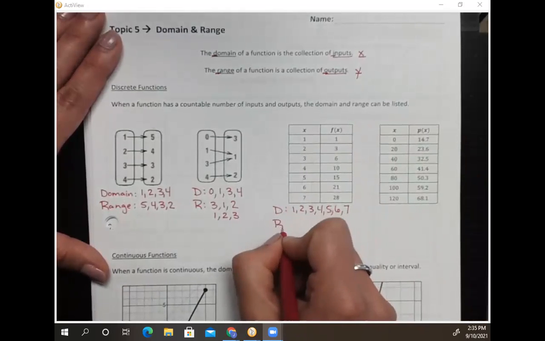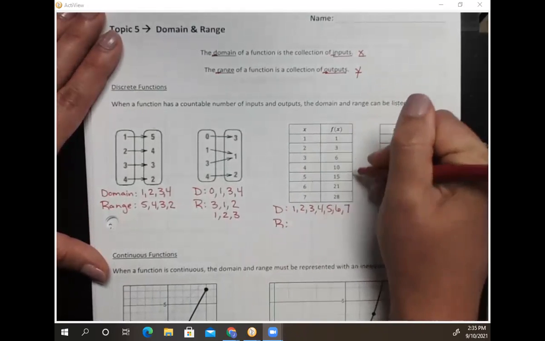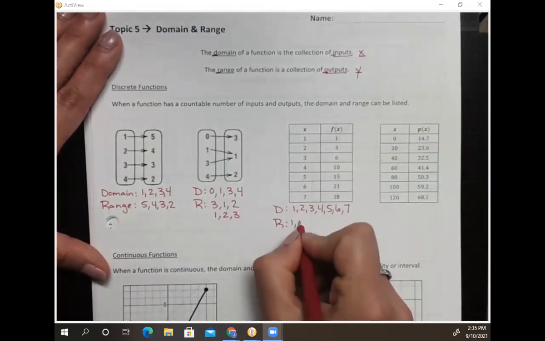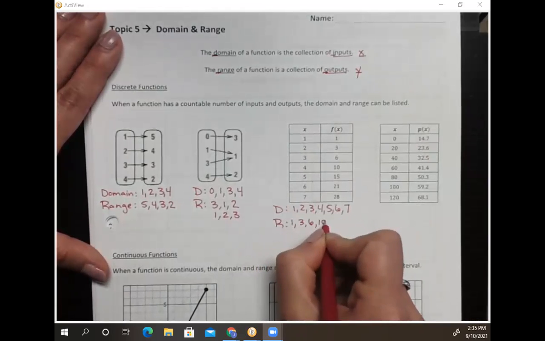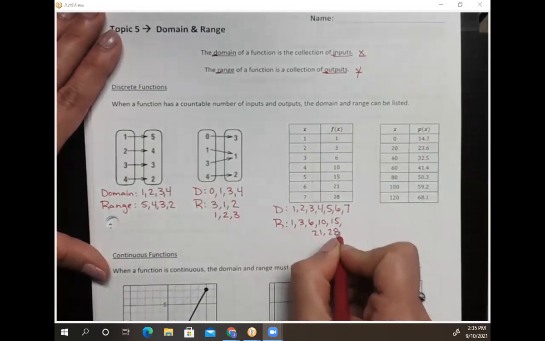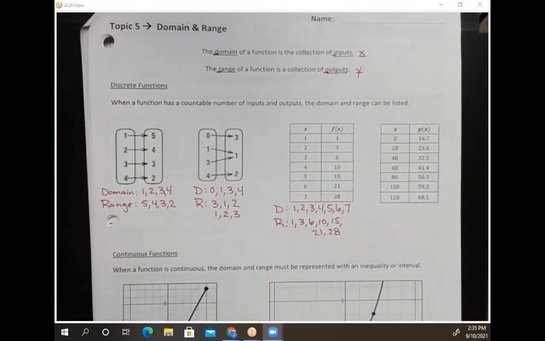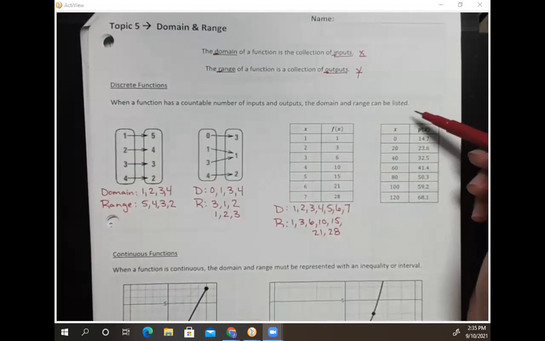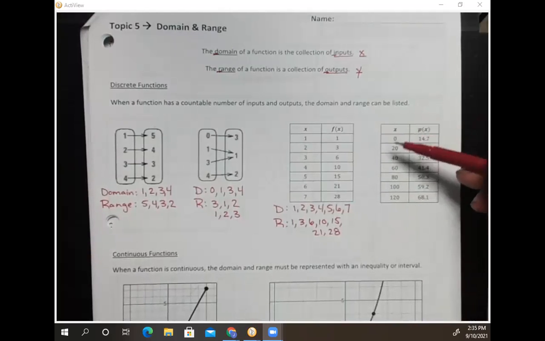Our range would be all of the output values or the Y values. So 1, 3, 6, 10, 15, 21, and 28. I would like you now to list the input and output values for our final table here.